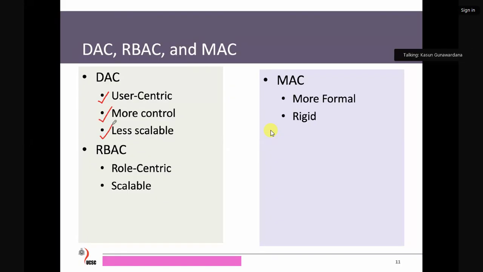When we have a large number of users and a large number of resources, we will not be able to easily configure these access control requirements because of this user-centric nature. These problems are handled to a certain extent by role-based access control. It's role-centric and it's scalable.